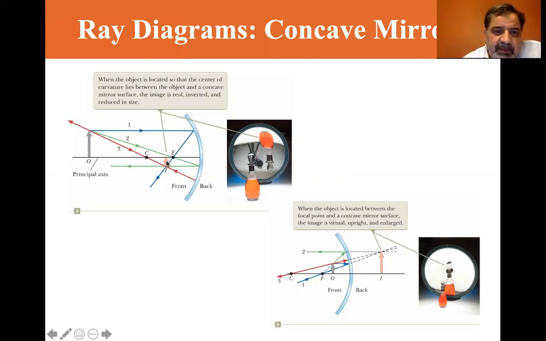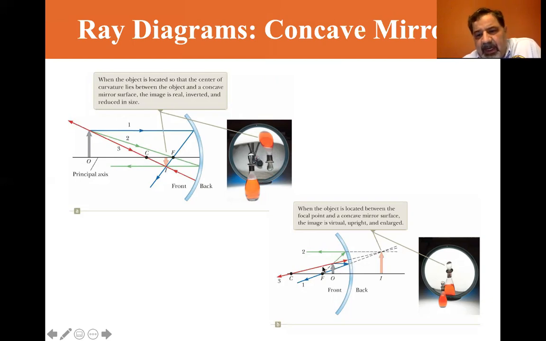Here the image is real because the rays go through the image. Here they're virtual because no actual rays go through it. It's just the reflection. So if we start with the blue line, it goes to the mirror and it goes through the focal point.